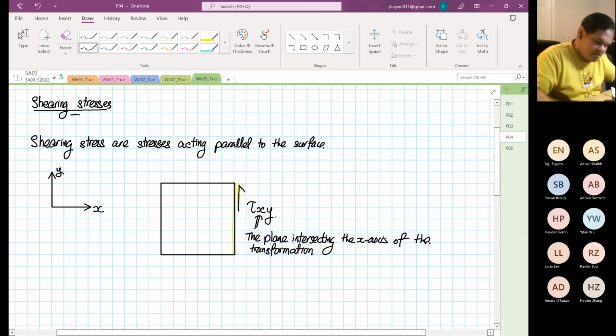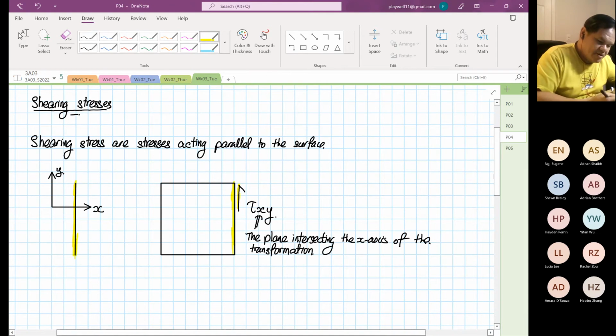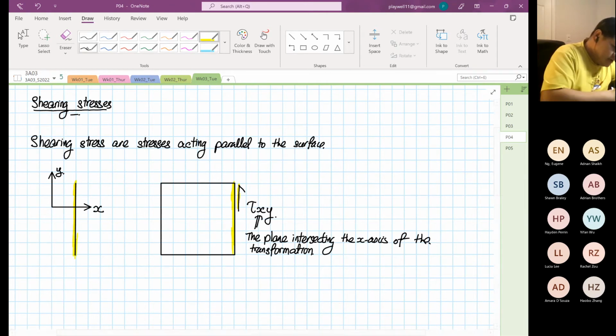What this means is the yellow plane that I've drawn. This yellow plane that I'm highlighting now, if you bring it to the transformation, it will intersect the x-axis. Yes or no? So this is the same plane, which I'm going to highlight in yellow. So the first subscript is the plane intersecting the x-axis of the transformation.